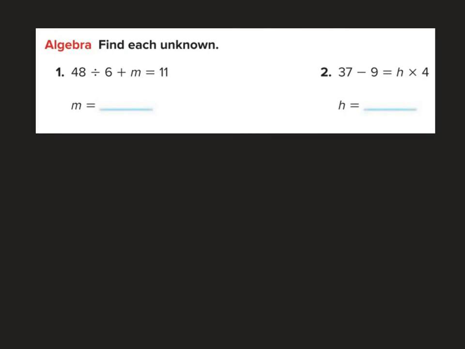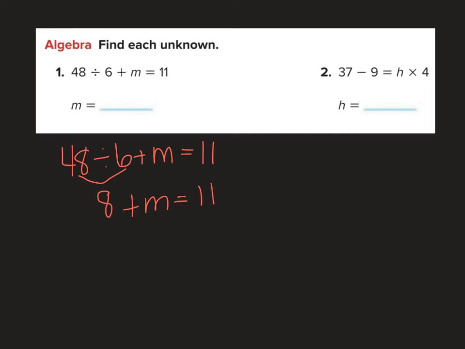Okay, so this one's just working through our order of operations. So if I have 48 divided by 6 plus m is equal to 11. First I'm going to do my division, 48 divided by 6. And I know that 6 times 8 is 48, so that means that 48 divided by 6 is 8. Plus m equals 11.